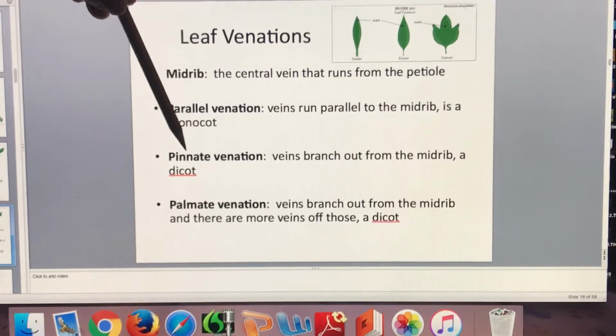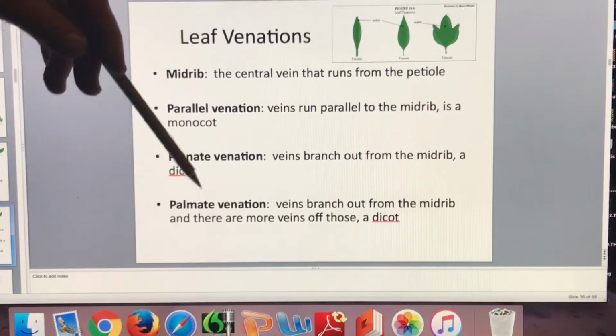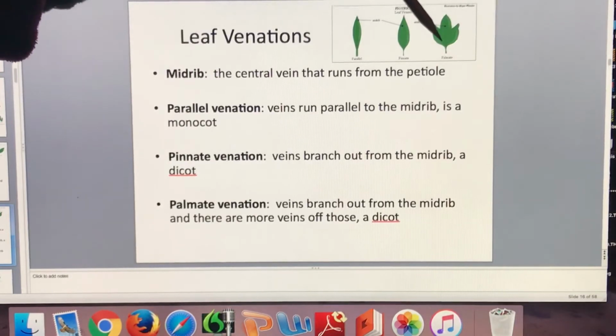You have what's called pinnate venation. The veins branch out off the midrib. And then finally the palmate, imagine like the palm of your hand. The veins branch out more from the bottom. There's some coming off the midrib, but there's quite a few coming out from the bottom of that too.